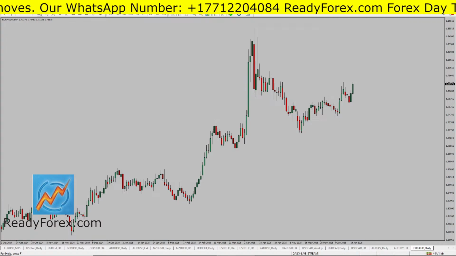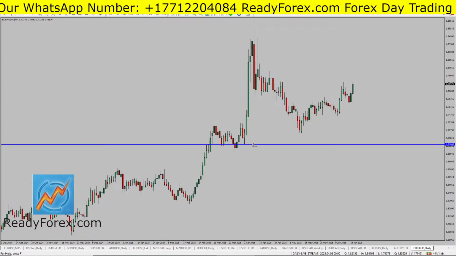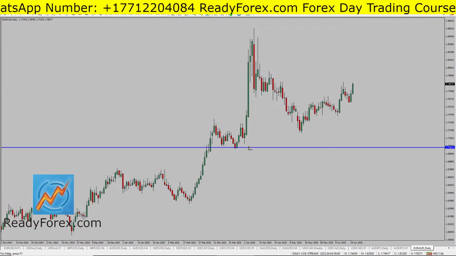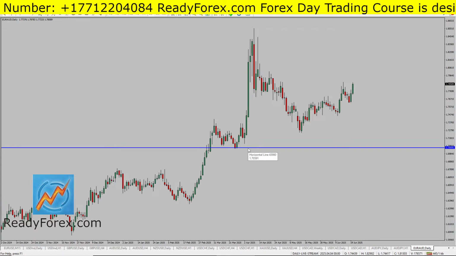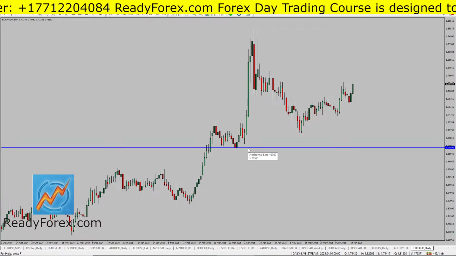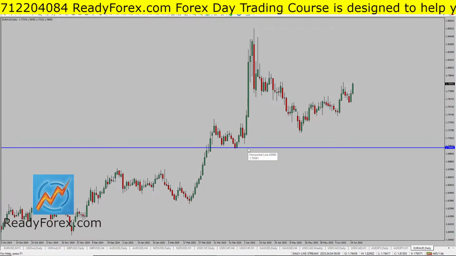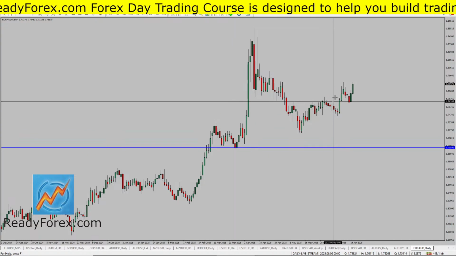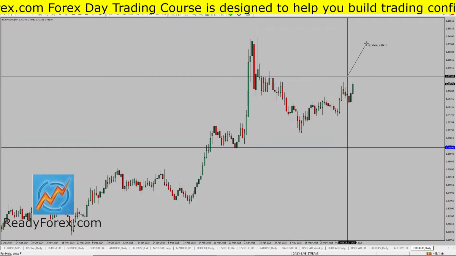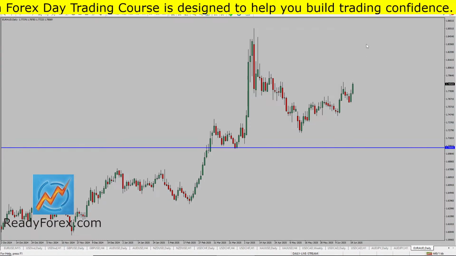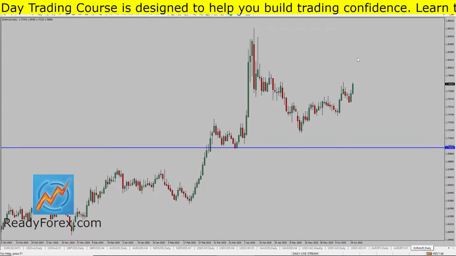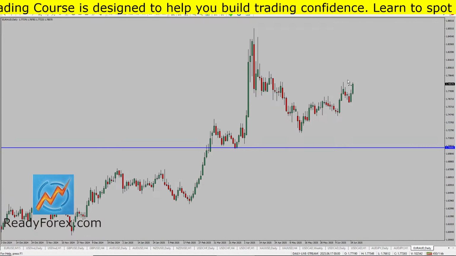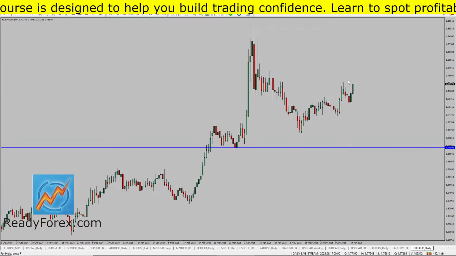So I prefer to say, as long as price action is stable above the 1.7039 level, still an uptrend, and overall it's an uptrend in the Euro AUD currency pair.